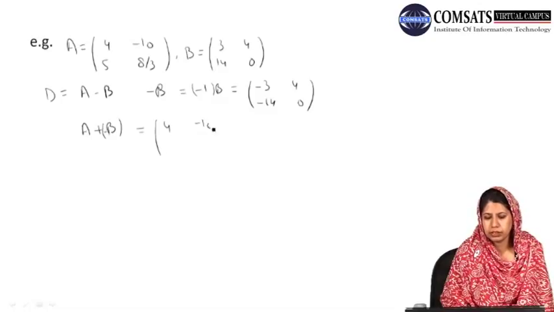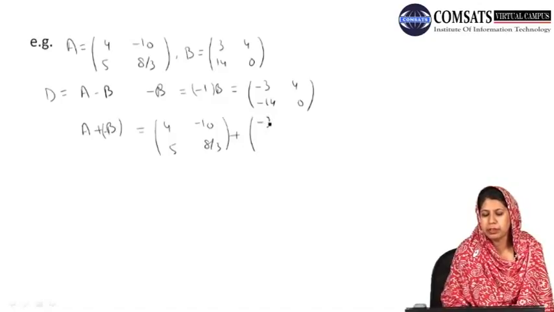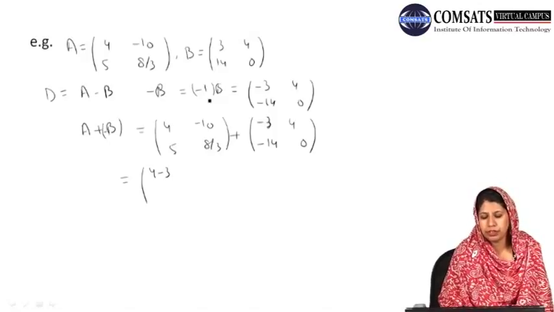Now we will add the resultant matrix to A, which is 4, -10, 5, 8 by 3, adding the scalar multiple of matrix B with scalar -1. What do we get? We are doing the same procedure of addition, that is, adding the respective entries.